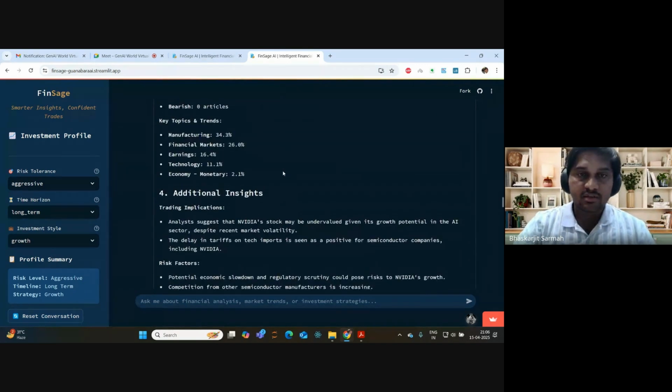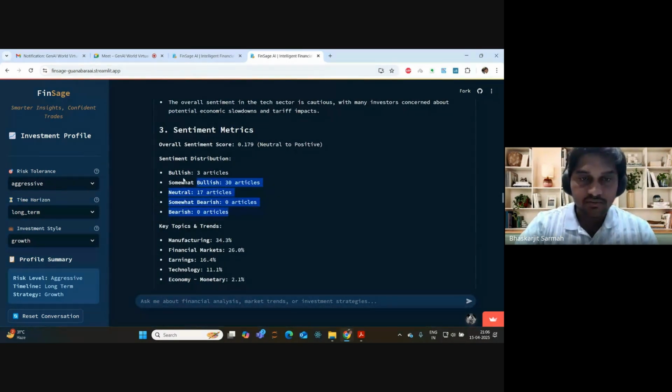Again, you can imagine, if you had to go through these 50 different articles on your own, how time consuming a process it would have been. But now it is able to do this sentiment analysis within just a few seconds, and it is giving you the overall sentiment score, which is 0.179. The range is from -1 to +1, so because it is around 0.179, it is a neutral to positive sentiment.